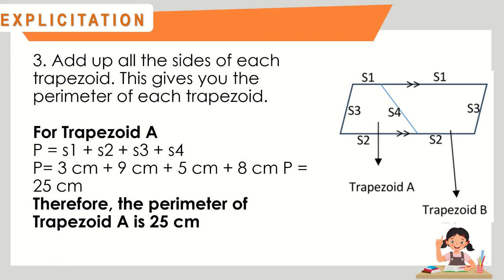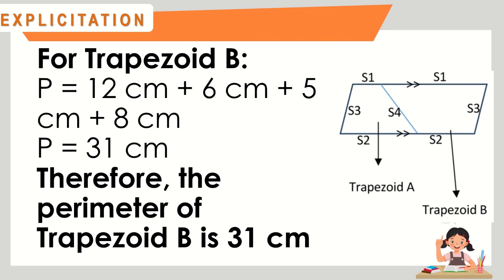For trapezoid A, P is equal to S1 plus S2 plus S3 plus S4. P is equal to 3 cm plus 9 cm plus 5 cm plus 8 cm. P is equal to 25 cm. Therefore, the perimeter of trapezoid A is 25 cm.